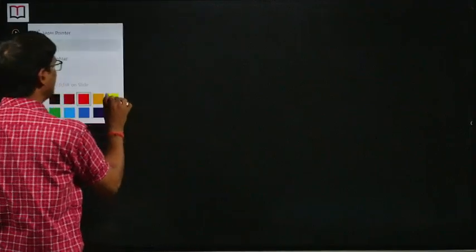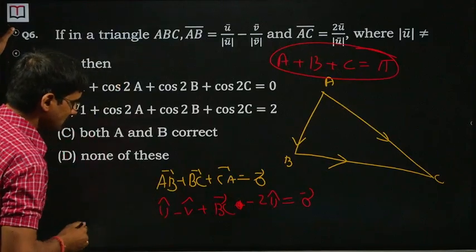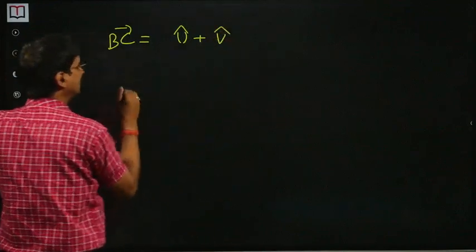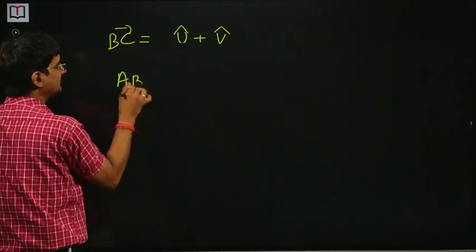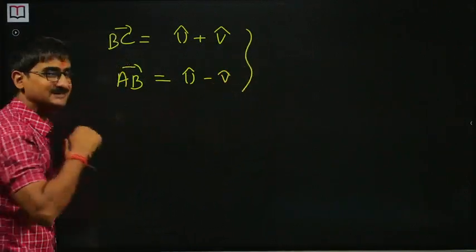Now from here, if I write my BC vector, how much is it? Yeah, that's it: U cap plus V cap. And look at AB vector. It's U cap minus V cap. See, just now we were discussing the same thing.